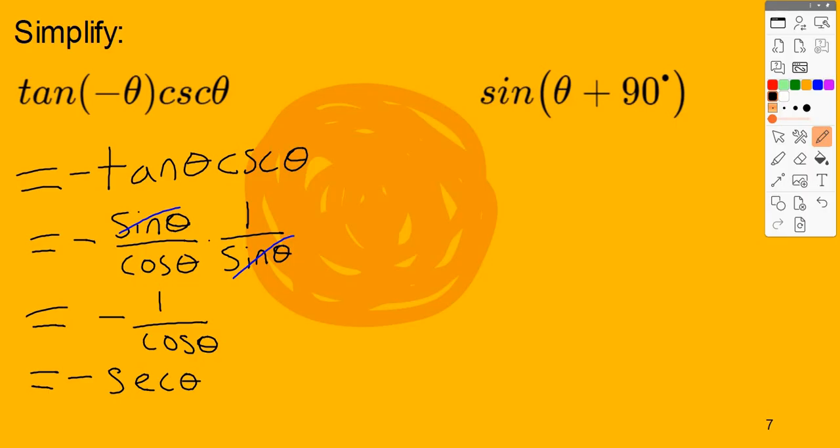Alright, looking at the next one, if I look at the inside, what does that look similar to? Your co-functions. Okay, is it my co-function though? No. What's wrong with it right now? It's adding and subtracting. Oh, okay. What could I do?